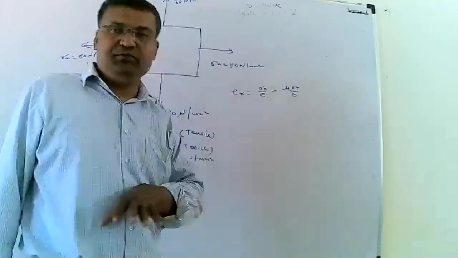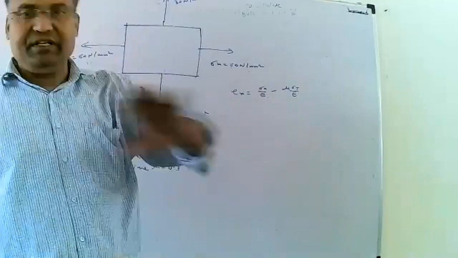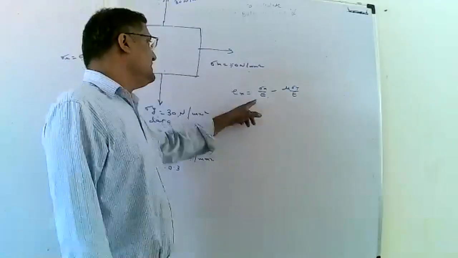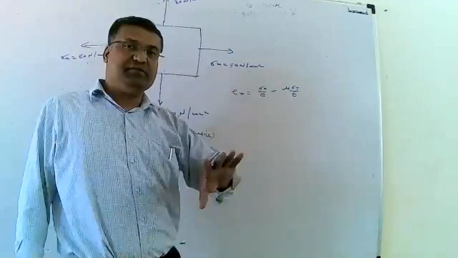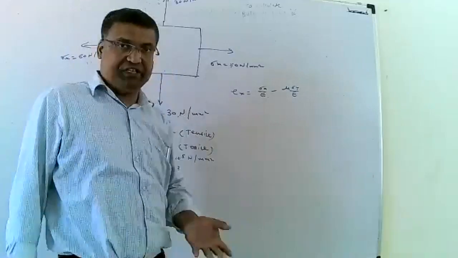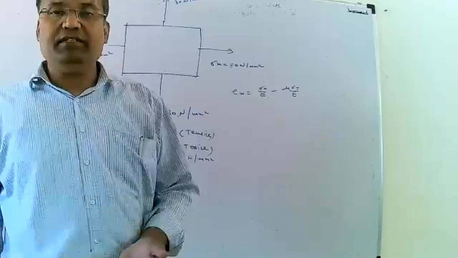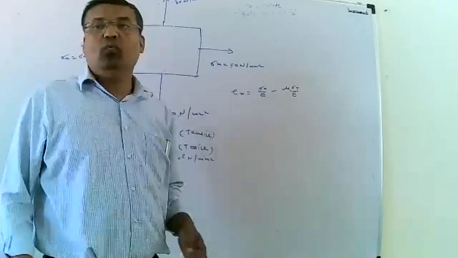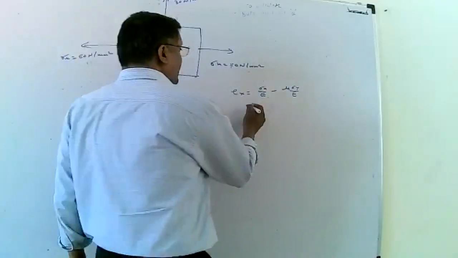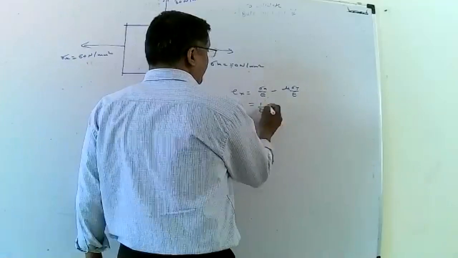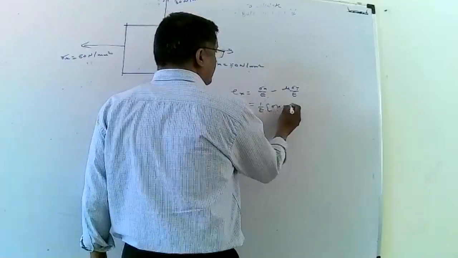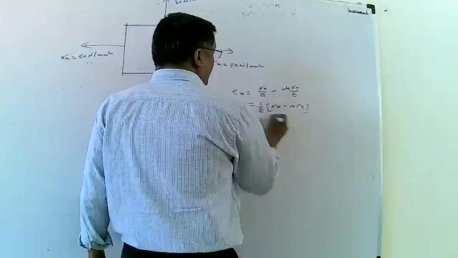Ex means the strain induced along the x direction, that is equal to sigma x upon E, where sigma x means the stress induced along the x direction, minus mu sigma y upon E, where sigma y means the stress induced along the y direction. Then we take common 1 upon E, then bracket sigma x minus mu sigma y.